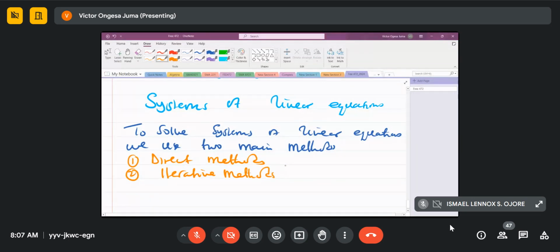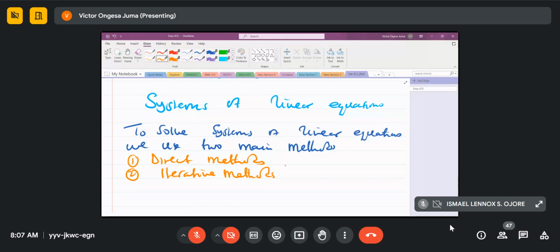The direct methods are those methods in which, if you remove the round-off errors, then they give accurate solutions. While iterative methods are methods where we start with an initial guess, and then we improve that initial guess until we get the required solution to some degree of accuracy.